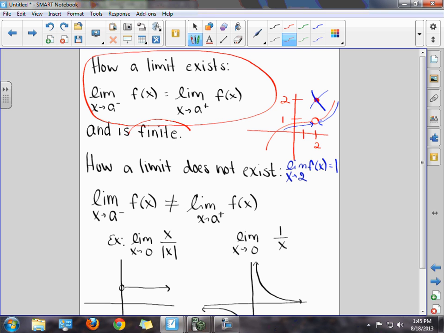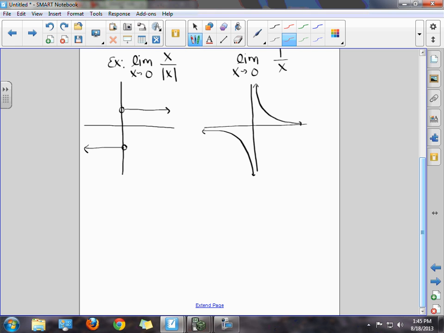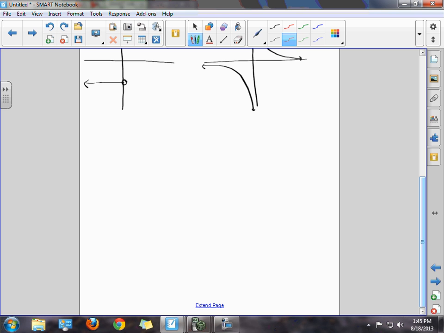And sometimes students struggle with this because sometimes you'll see a question where the limit as x approaches from the left and the right is the same, but it's infinite. So say we look at this example. This would be 1 over x squared. The limit from the left we would call positive infinity.